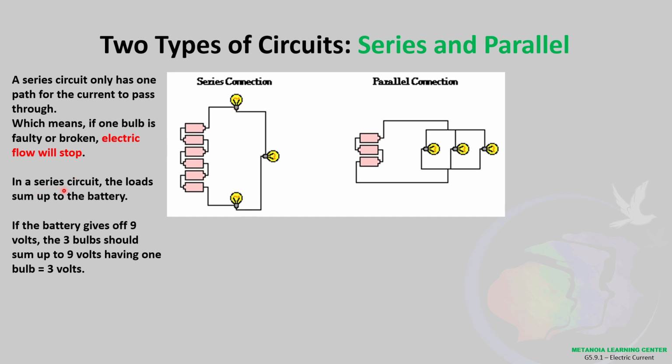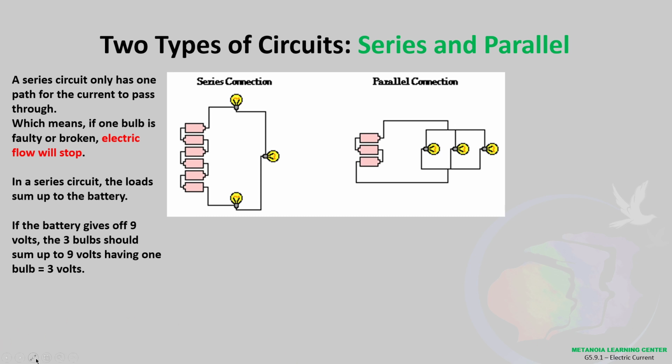Okay, so in a series circuit, an additional information, in a series circuit, the loads sum up to the battery. Anong ibig sabihin nun? If the battery gives off 9 volts, so for example, itong 6 batteries na to, they all sum up to 9 volts. The 3 bulbs, 1, 2, 3, should sum up to 9 volts, having one bulb or each bulb equivalent to 3 volts.